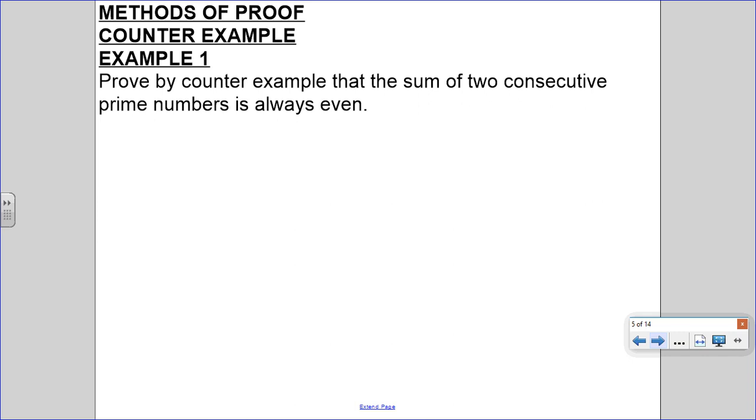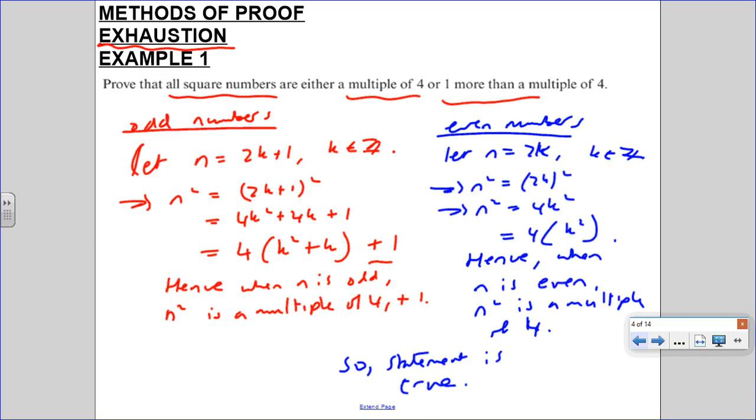Okay, so exhaustion. By the way, just to really reiterate what exhaustion is, it could be something like, prove that there are only 4 prime numbers between 0 and 10: 2, 3, 5, 7. And I'll check it basically by exhaustion.